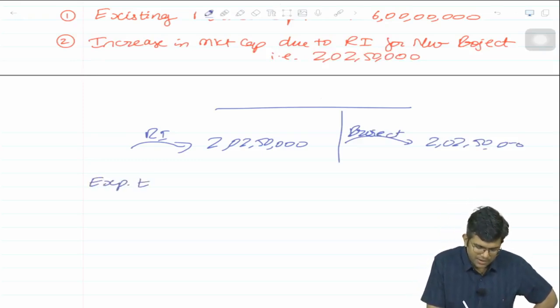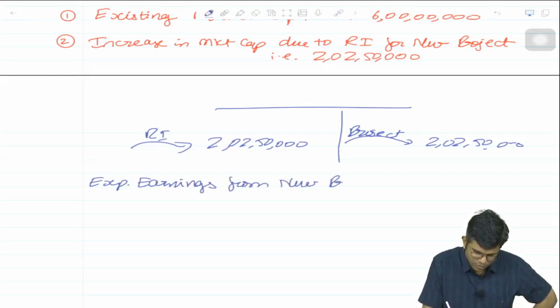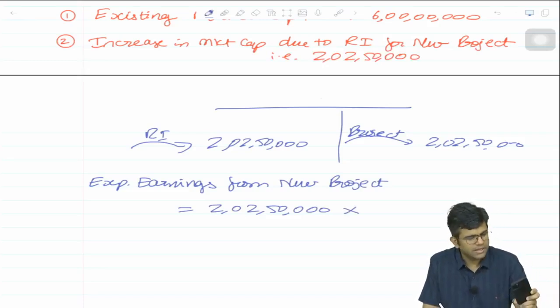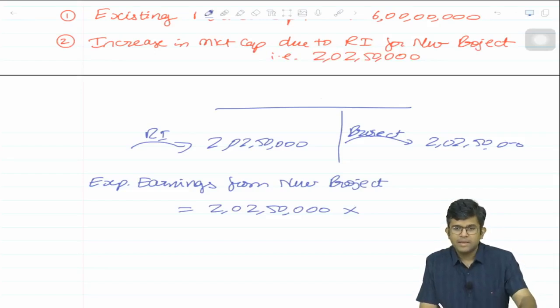Expected earnings from the new project, and the question tells you that this project is expected to give 15% returns.